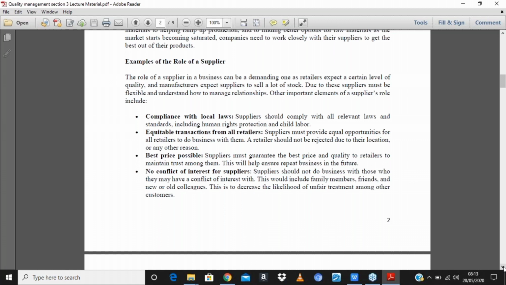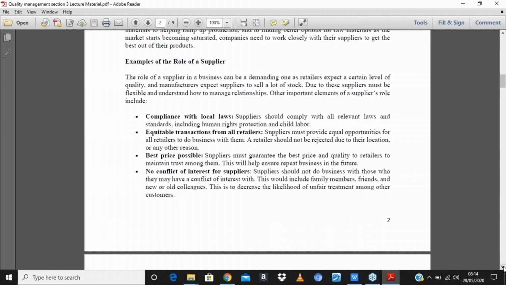You supply goods from China, from Germany, any country as the case may be. As a supplier, you have to comply with the requirements and laws of the land. You have to review human rights and labor protection. All these are very important elements. So every supplier must learn to comply with local laws.